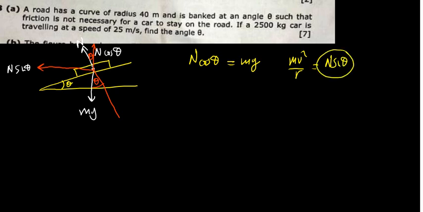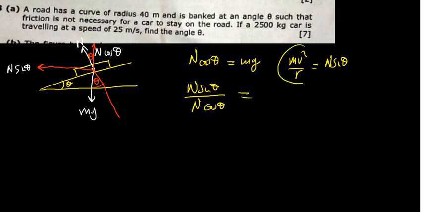So I'll divide normal force sin theta by normal force cos theta, and also divide mv squared over r by mg. And of course we can also say this is ma, and then the mg is going to be down.